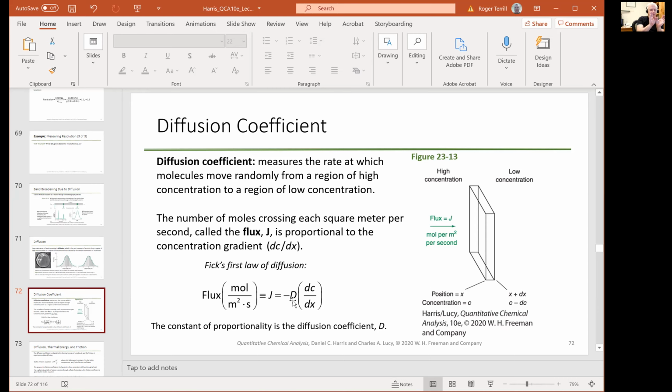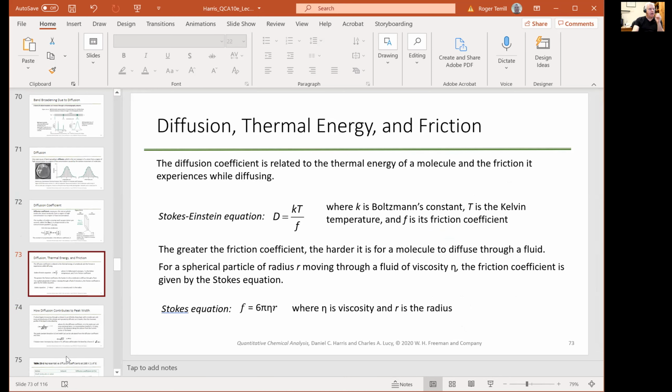That net flux can be calculated using a linear step like this: J is D dc by dx. It's a random process because there will always be flux in and flux out, but this should really be called the net flux, in moles per square meter per second, for example. And the diffusion coefficient is equal to kT over 6 pi eta r, where eta is the viscosity and r is the radius of the particle.